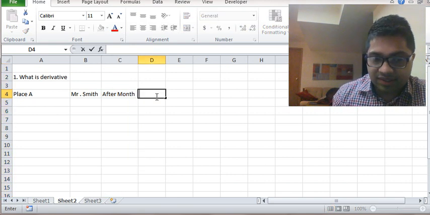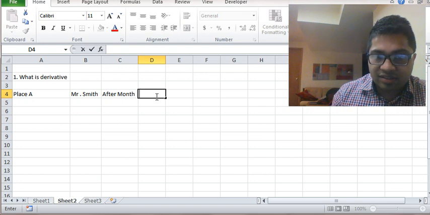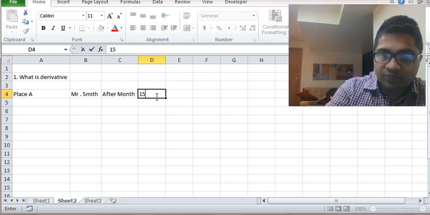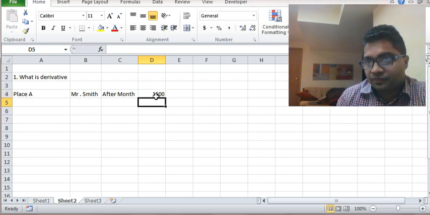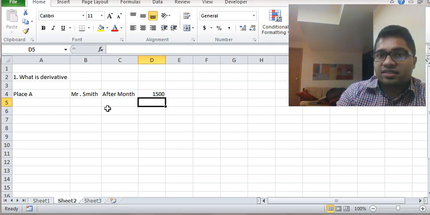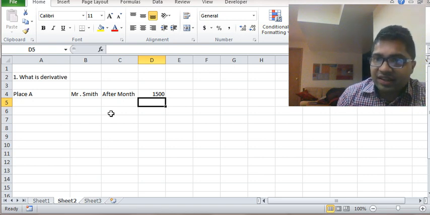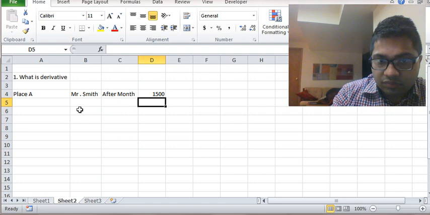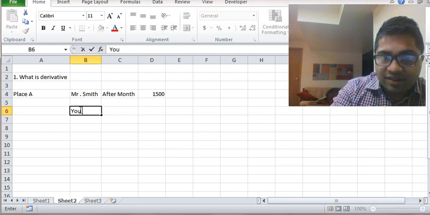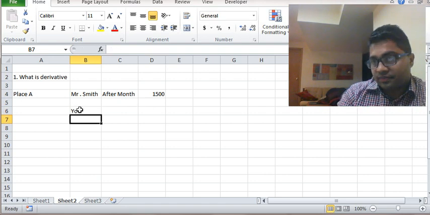And after 2 months he's offering this place to rent at $1,500. So this is the transaction. Mr. Smith says that I have a place, after 2 months I can rent it to you, but I will charge $1,500 for that as rent. So you are considering whether you should take it or not.